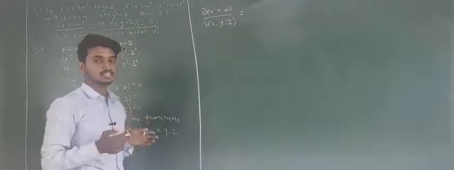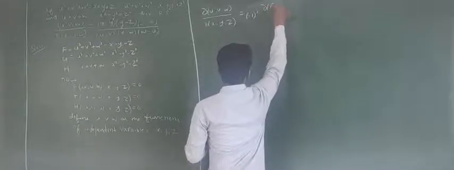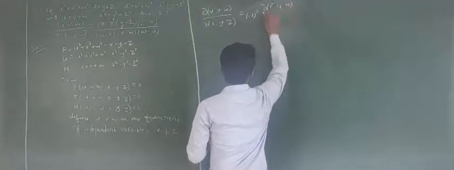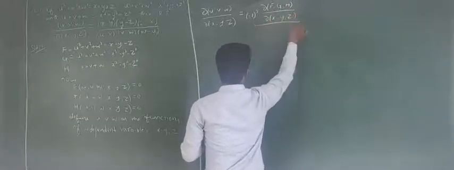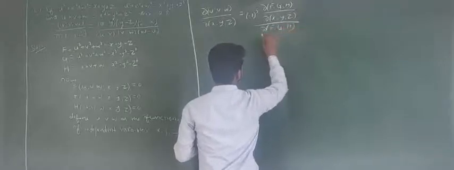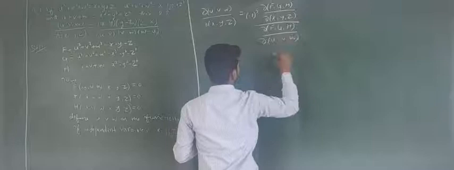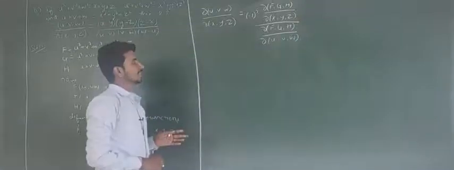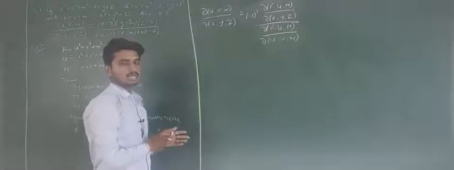Here we are taking three functions, so we will write minus 1 whole cube, into dou of f comma g comma h divided by dou of x comma y comma z, whole divided by dou of f comma g comma h divided by dou of u comma v comma w. This is the formula according to the implicit property.